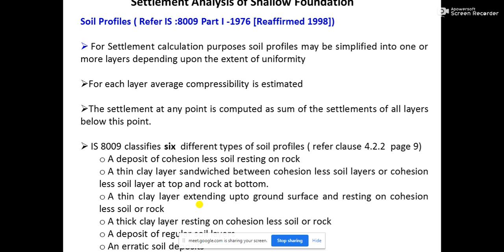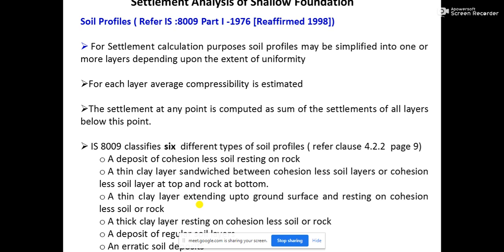That means the clay layer is starting from the ground surface. It is not below the ground surface. It is starting from the ground surface, and it is extending up to a layer where it is resting on cohesionless soil or rock.